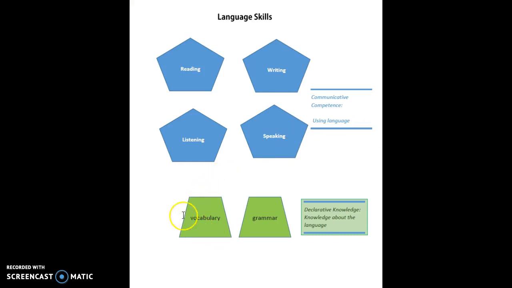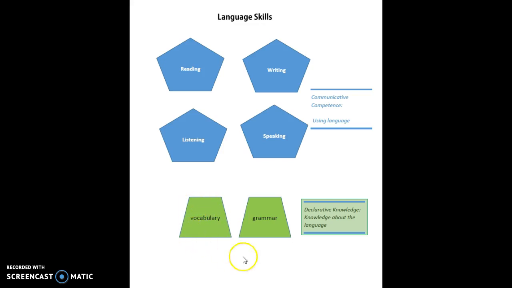I hope that clarifies what I mean when I talk about assessing vocabulary as an isolated skill, focusing on vocabulary, assessing grammar as an isolated skill, focusing just on grammar. And the examples would be for vocabulary, like a matching test, or I'm going to give you the definition, you write the vocabulary word, or I give you the vocabulary word, and you write the definition.